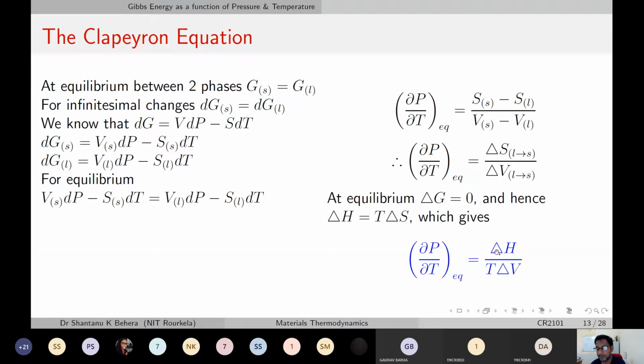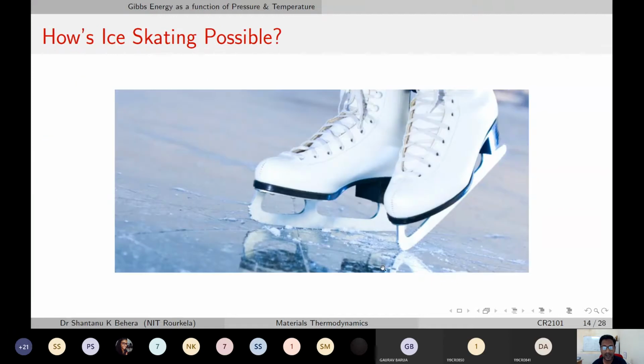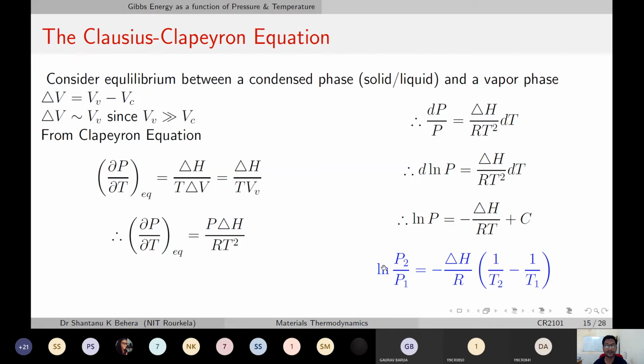Because these are natural properties, you can't really change much about that. You can only control the changes in pressure and temperature, which are synthetic, things that we use to control stuff. And that's again in that line how ice skating is possible because of the formation of the liquid layer under pressure. And how does it form? You can get an idea from the Clapeyron equation.